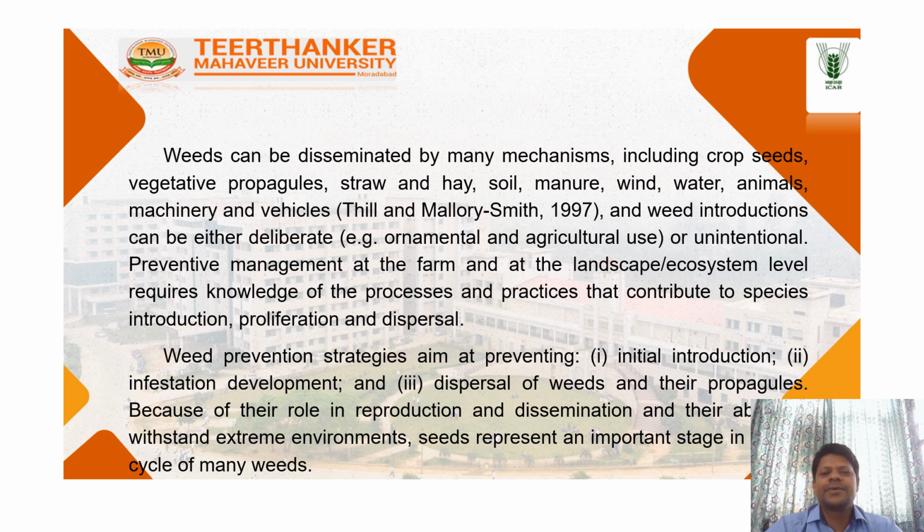Weeds can be disseminated by many mechanisms including crop seed, vegetative propagation, straw and hay, soil, manure, wind, water, animals, machinery and vehicles. Weed introduction can be either deliberate, for ornamental and agricultural use, or accidental. Preventive management at the farm and landscape ecosystem level requires knowledge of the processes and practices that contribute to species introduction, propagation and dispersal.